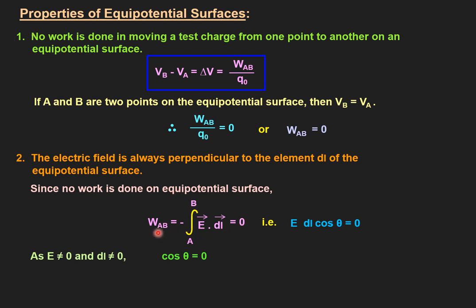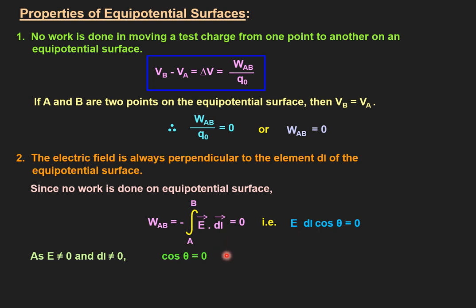Work done is force into displacement, and force is the unit positive charge, that is 1, into the electric field. So the line integral of the electric field equals 0. Now E dot dl will be E dl cos theta. The electric field cannot be 0 because we have some charge configuration, so E will be non-zero. Also this small element dl will be non-zero. Since the first quantity cannot be 0 and the second cannot be 0, but the product has to be 0, it confirms that the third quantity, cos theta, has to be 0.